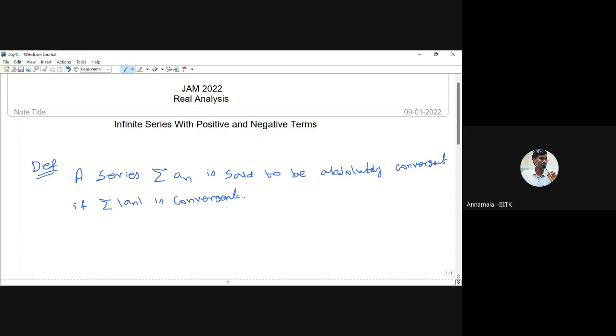When we take the modulus of an and the series is convergent, we say it's absolutely convergent.